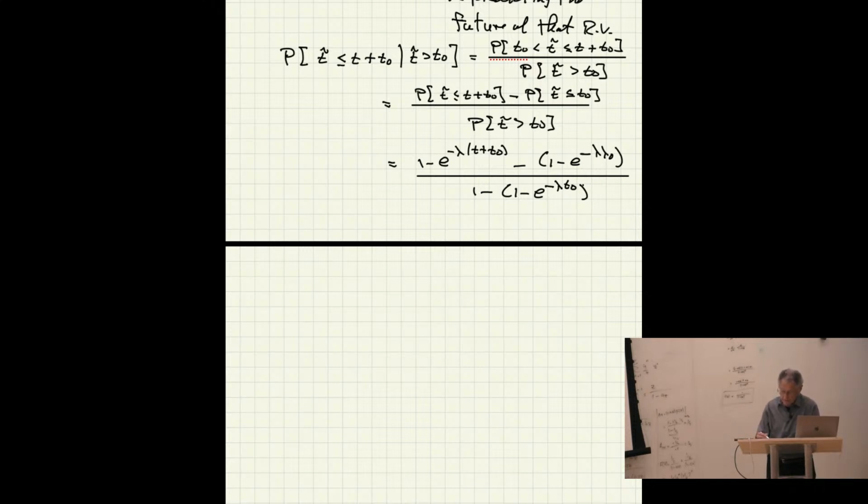Now, I've got some obvious cancellations. The ones upstairs cancel, the ones downstairs cancel. And what I'm left with upstairs is e to the minus lambda t0 times a bracket, which is 1 minus e to the minus lambda t.